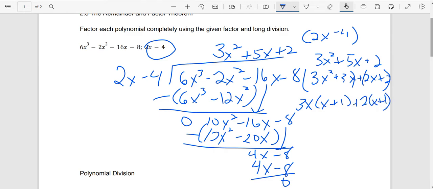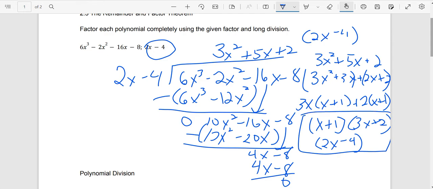Hey, they both match up to x plus 1, so we can factor out the x plus 1, and then 3x plus 2. So when we factor the polynomial completely, it's this times 2x minus 4. Those are all your factors. You factor completely. Good job.